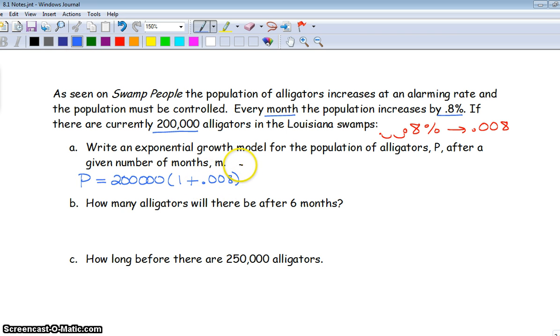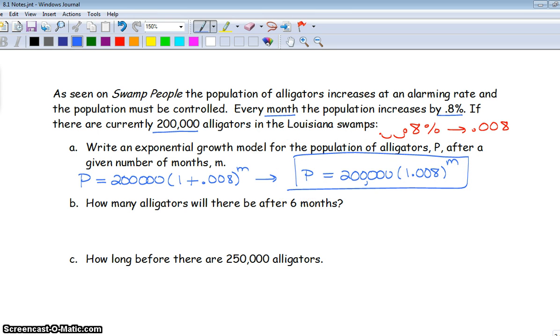And we raise that to not t, because we want it in terms of m, months. So we combine those like terms in the middle, and we get P is equal to 200,000 times 1.008 raised to the m power. And that's going to be our exponential growth model for this situation.